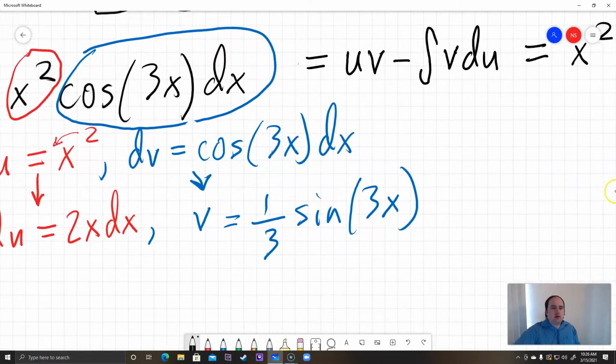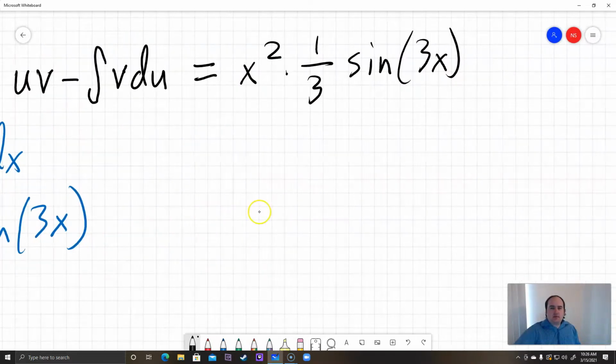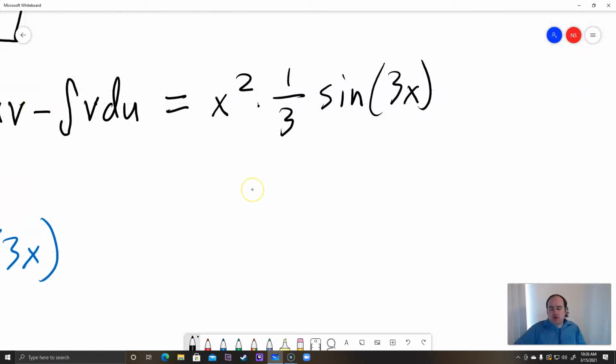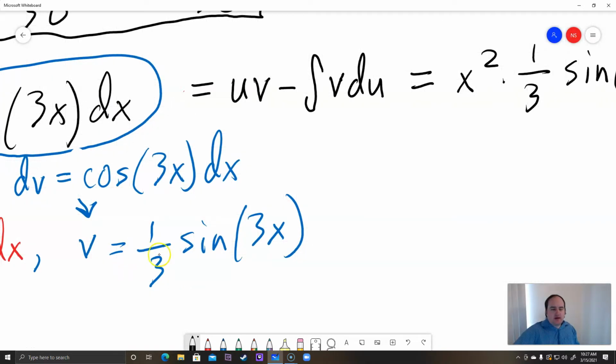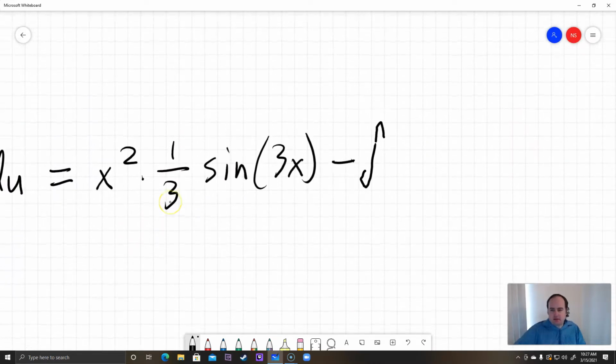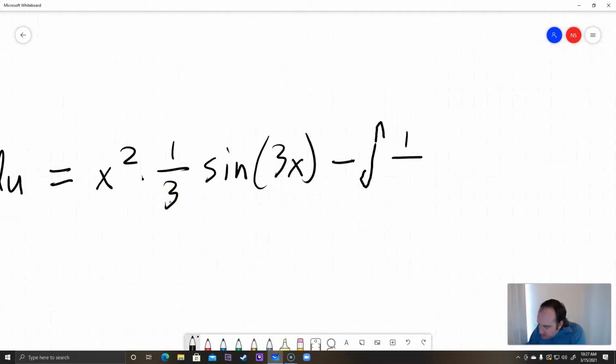Okay. And then we're going to have minus the integral of v du. So what's that going to look like? It's going to be minus the integral of 1/3 sine of 3x du.